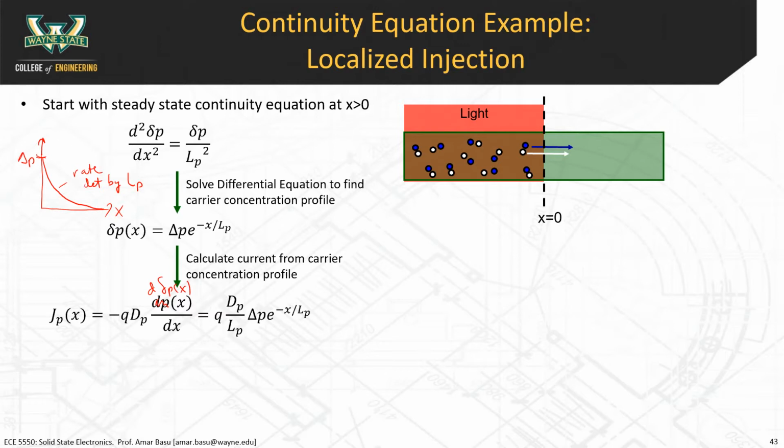Just a correction there. All right, so you take the derivative of this exponential function. The L_p term comes out in front, and that's where you get D_p over L_p, and then you have the exponential function again. So all we did is we took the derivative of this function and multiplied it by the diffusion coefficient.